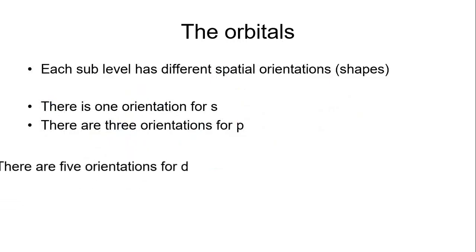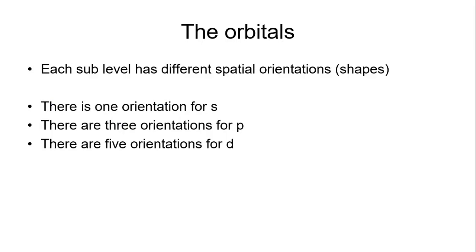Next comes the d. The d has 5 orientations. Okay, 5 orientations. So see this trend. S has 1, P has 3, D has 5. Okay, and what do you think F would have? What's the next number that would be in this pattern?